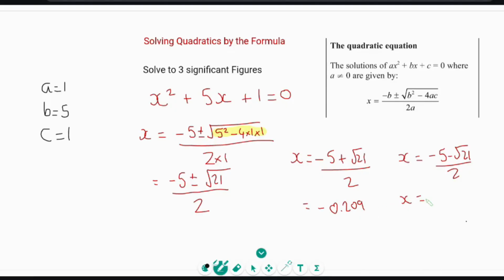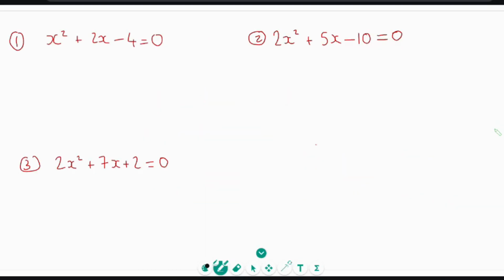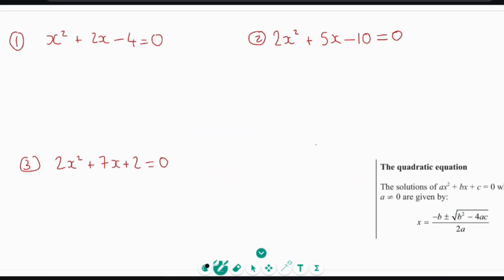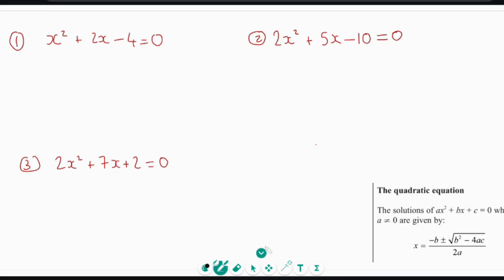And here, minus 4.79 to 3 significant figures. Okay, have a go at these 3 questions. Put me on pause and press play when you're done.